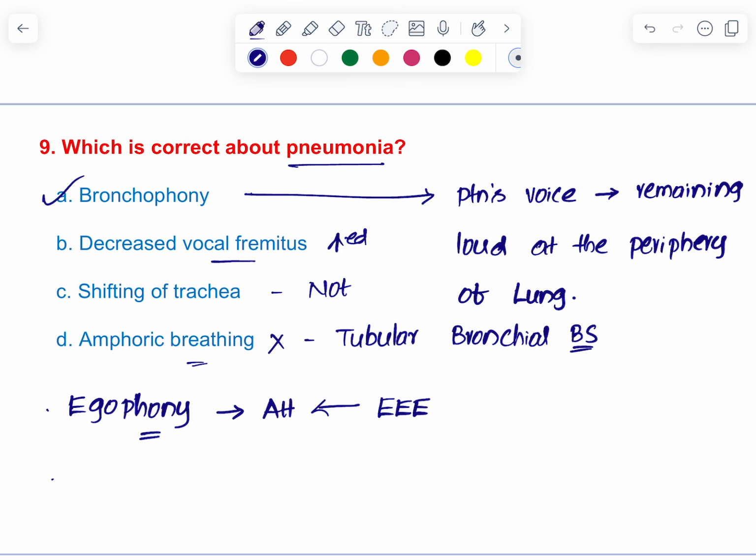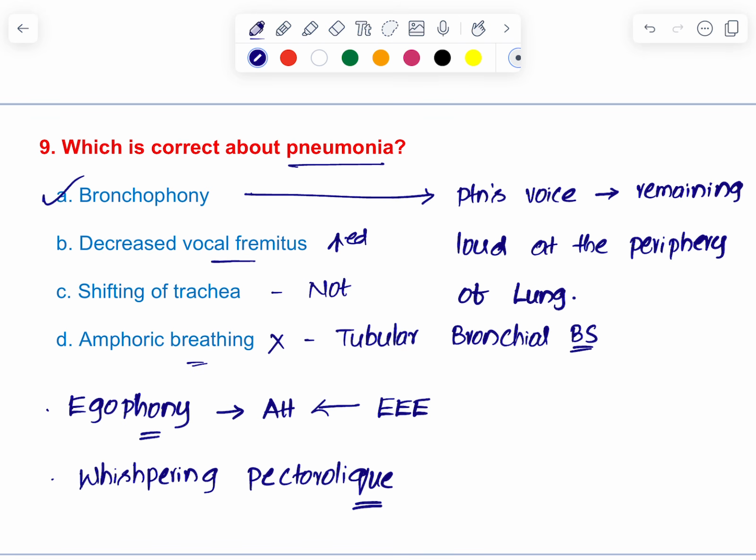Then another important additional sound is whispering pectoriloquy.